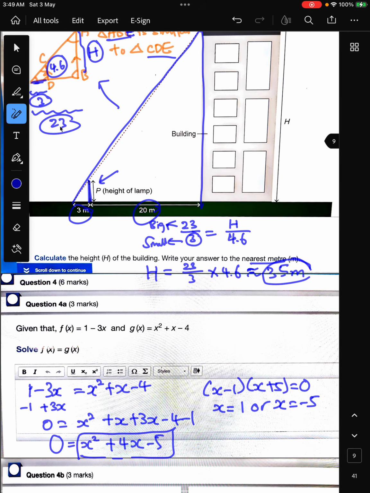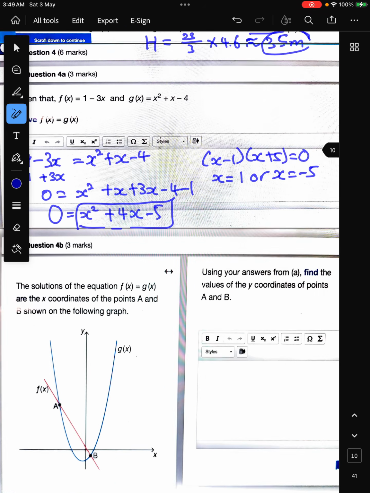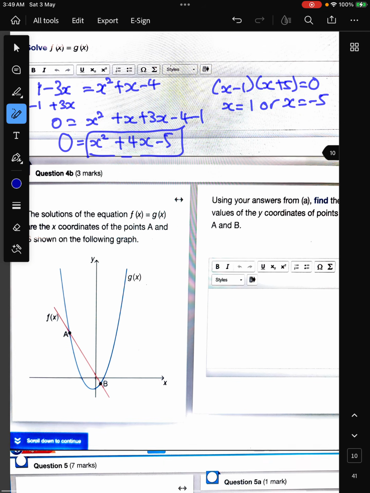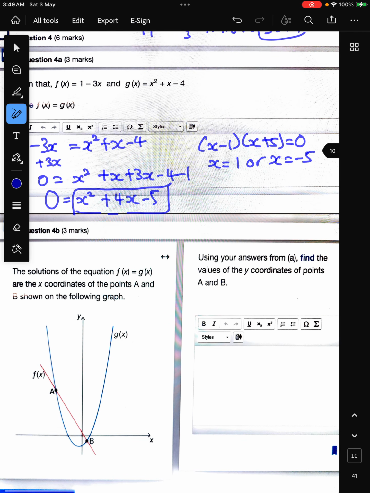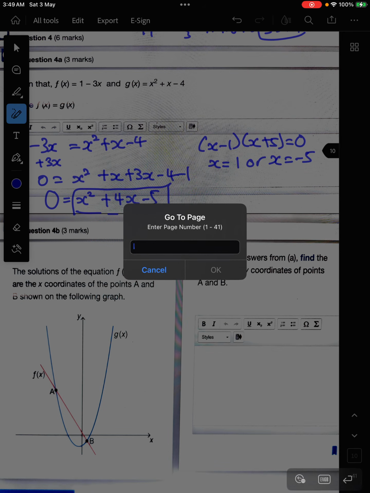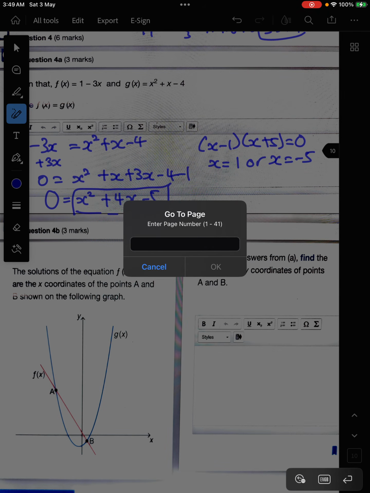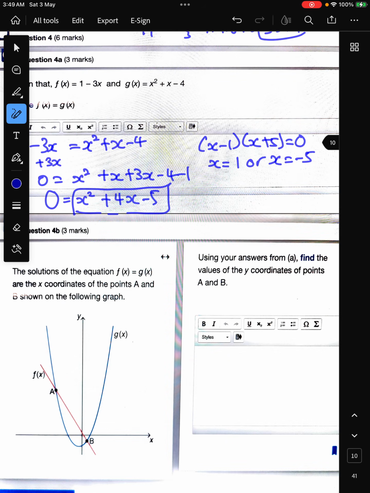So let's look at question 4b. Question 4b is interesting. It's basically having the previous part of f(x), which is looking at f(x) and g(x) from the previous part, and you realize that these two graphs actually intersect at 2 points, which is essentially what the question is asking you to do in part A. When f(x) is made equal to g(x), from a graphical perspective it means that both graphs intersect.